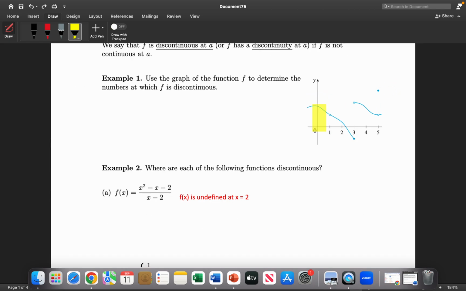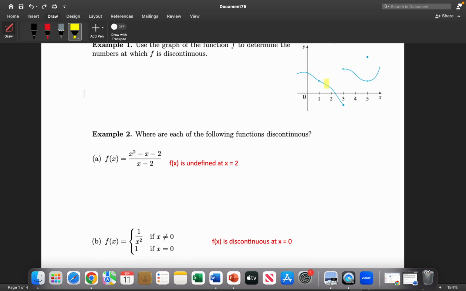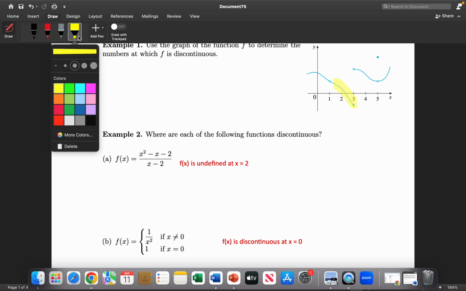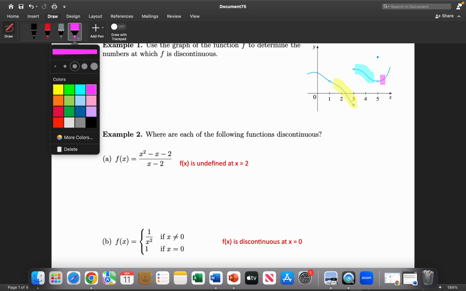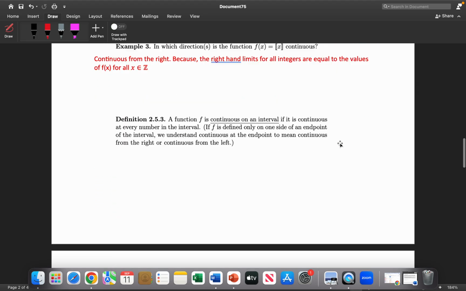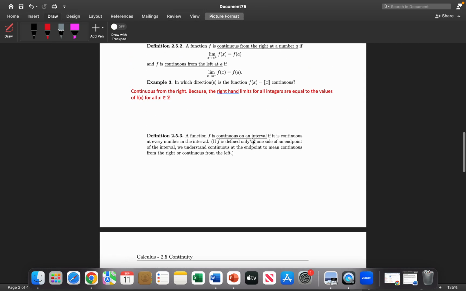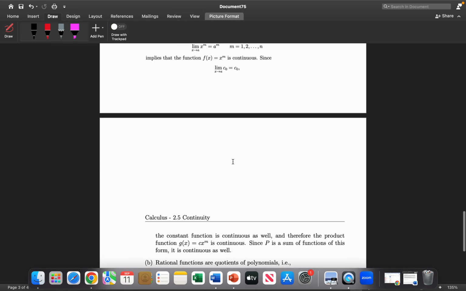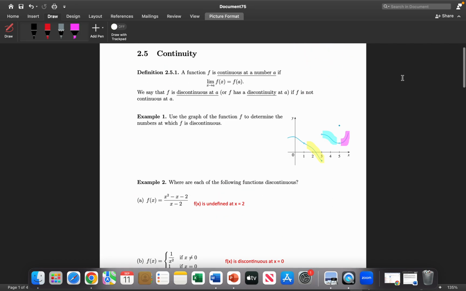So if I cut out the discontinuities, I can say that it's defined on this interval right here, it's defined on this interval, right? As long as I cut out the discontinuities. So I can kind of cut out the bad parts and still have continuity on some interval. So part 2 of this is going to be looking at continuity on intervals. Check out that video in just a few moments.